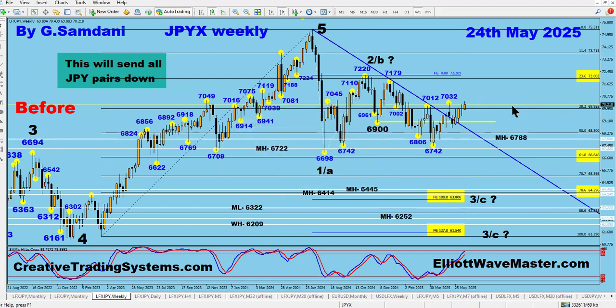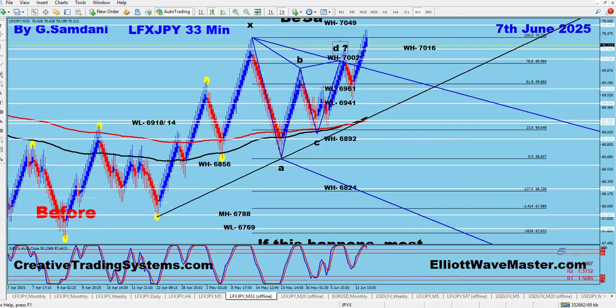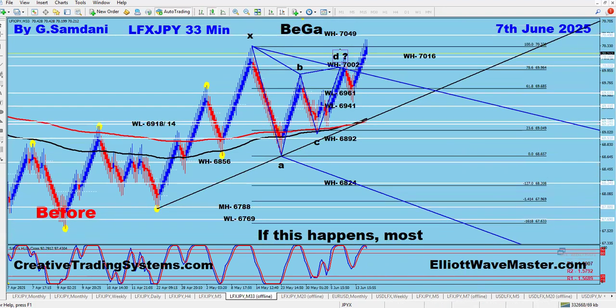You can see that we poked into it, but then we came down below. A bigger number than this was 70.49. We went up very close to 70.49, but are kind of getting a rejection from there right now. It depends, it's not done yet. So 70.49 is right there.